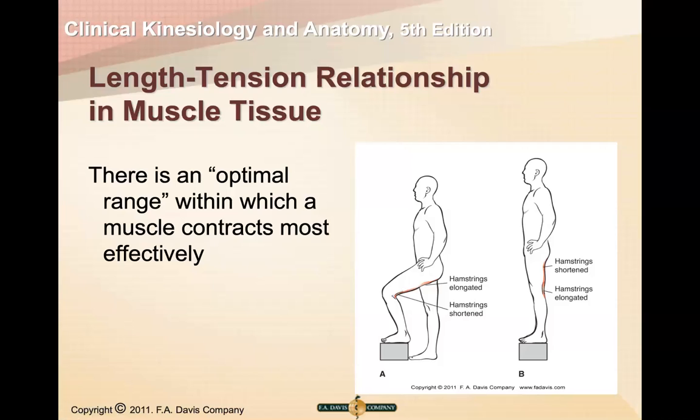So let me explain it a different way. Think of the hamstrings as just being rubber bands, and you've got three of them. One end attaches to the ischial tuberosity, and the other end is attached to the top of the tibia, posterior tibia.